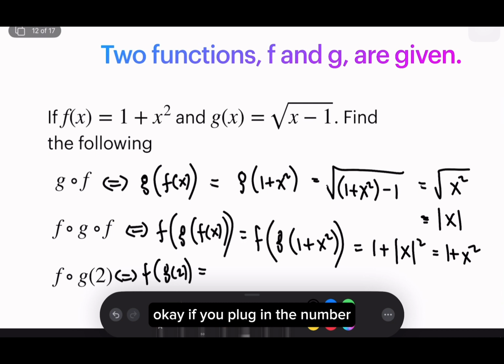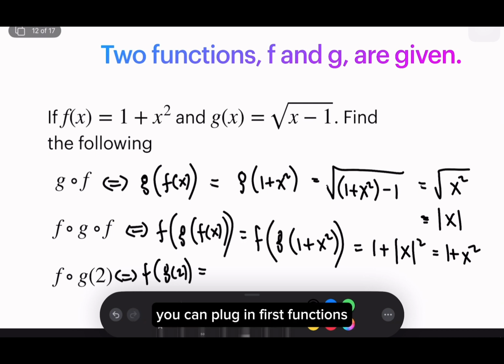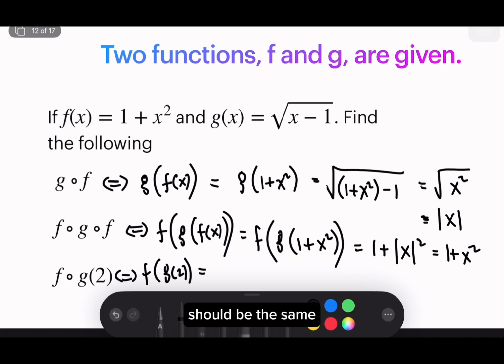Okay, if you plug in the number, there are at least two ways of doing it. You can plug in the functions first and then later plug in the number, or plug in the number first to the first equation and then plug into the second equation. It should be the same.